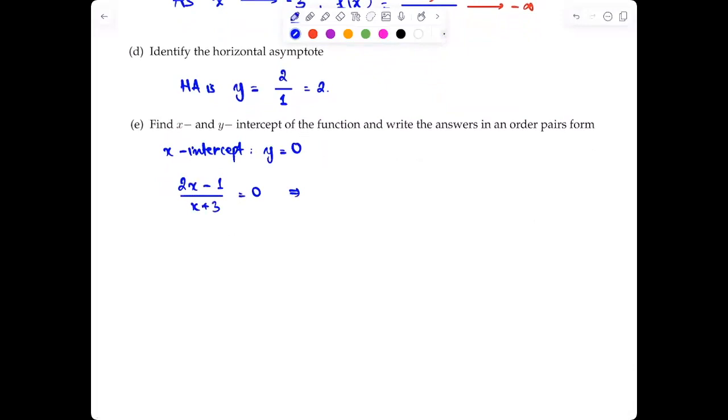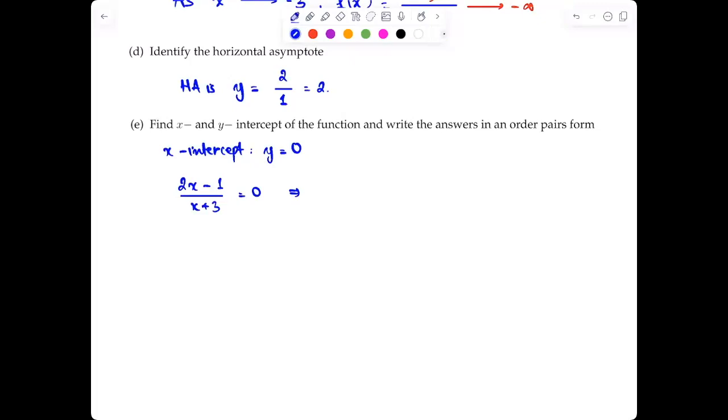Right, so for this rational function, when you set this equal to 0 and you want to solve for x, you just set the numerator equal to 0 and you solve for x. Again, because you already exclude x equal to -3 from the domain, you don't care about the denominator.